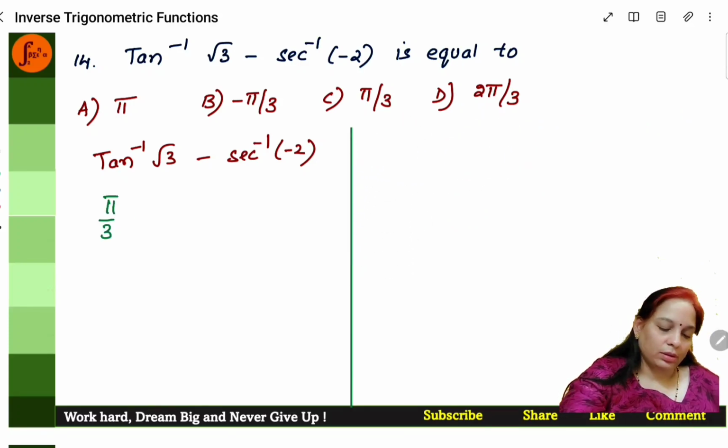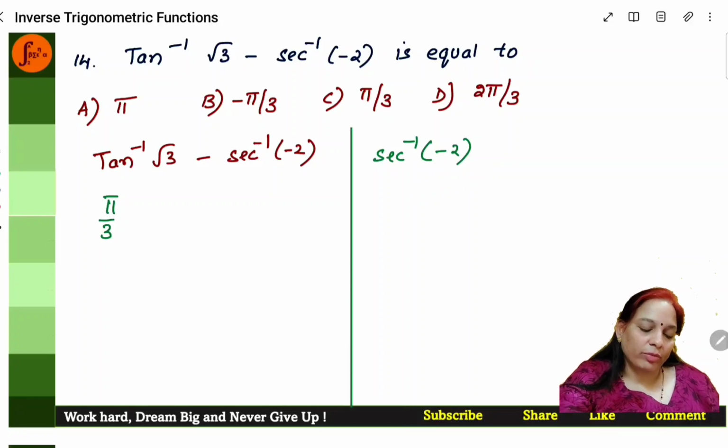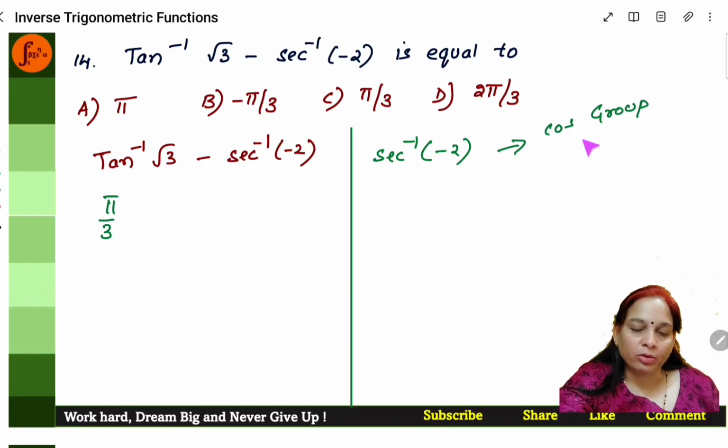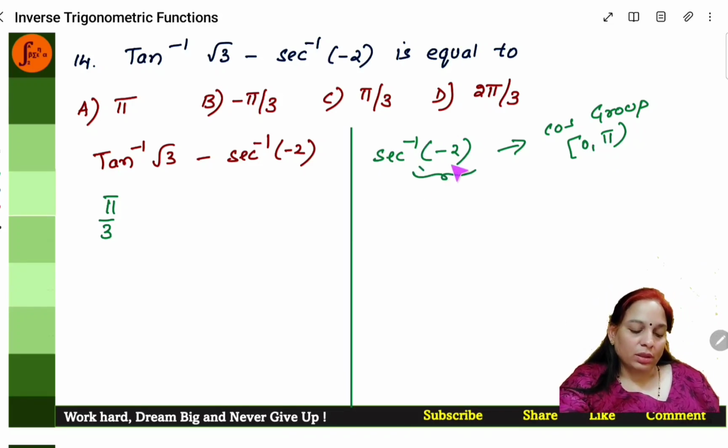Now we look at secant inverse of minus 2. This is falling in the cos group, and principal value branch is 0 to pi, and the value is negative here. So keep a watch on this cos group functions.